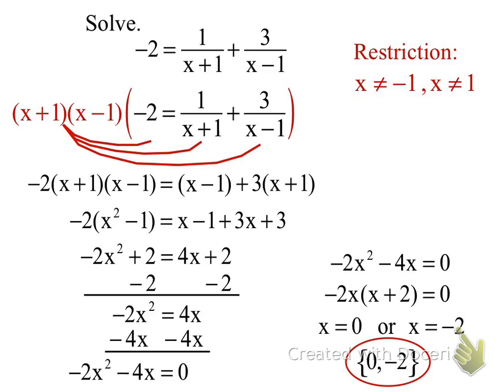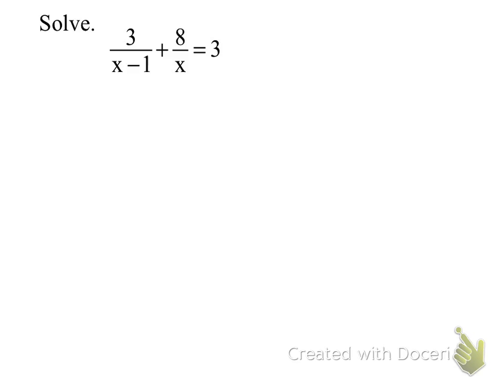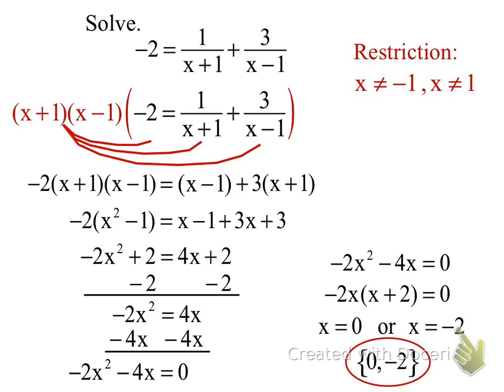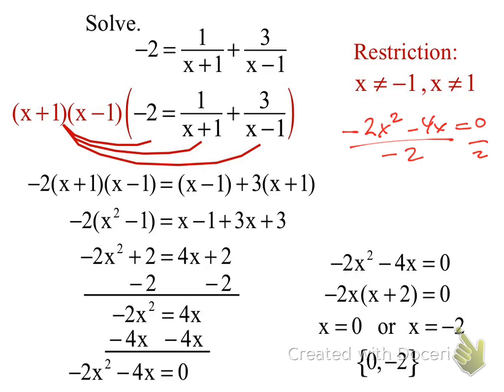Okay. I got 0 and positive. You got 0 and positive 2? I got rad 5. Hold on. On that step, I divided it all by 2. Okay, so if I do that, here, when I have negative 2x squared minus 4x equals 0, divide by negative 2, divide by negative 2.